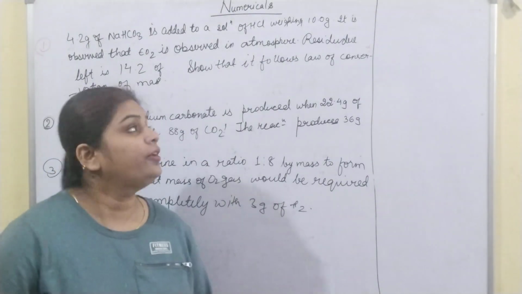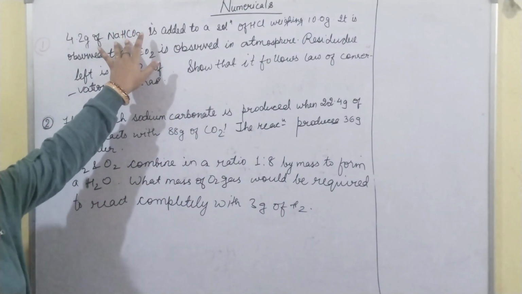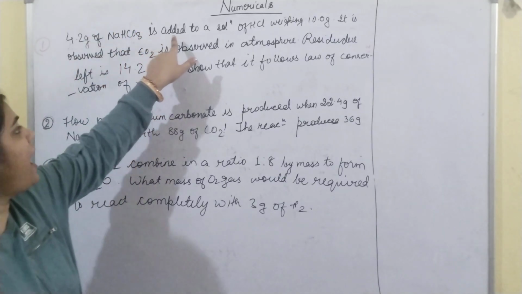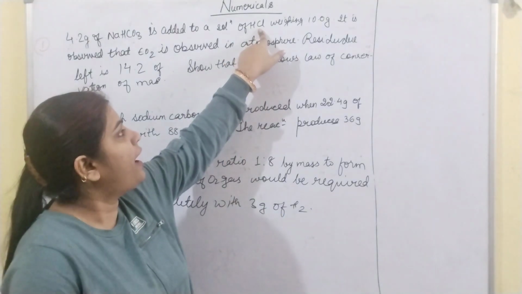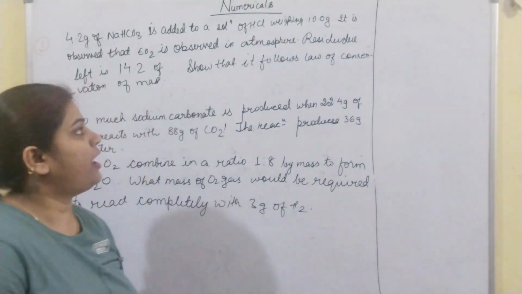4.2 gram of NaHCO3, sodium bicarbonate, is added to a solution of hydrochloric acid weighing 10.0 gram.